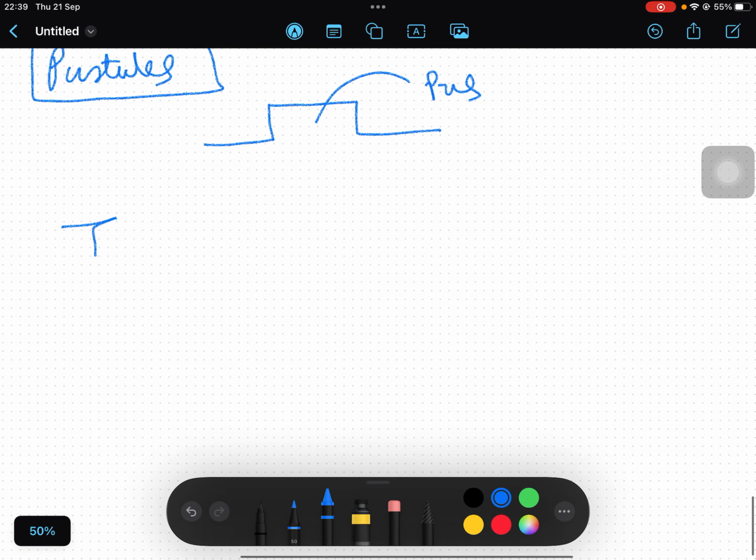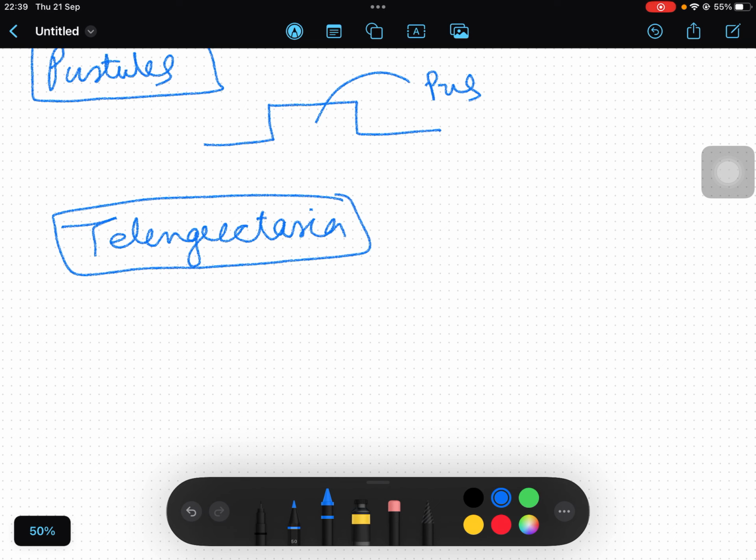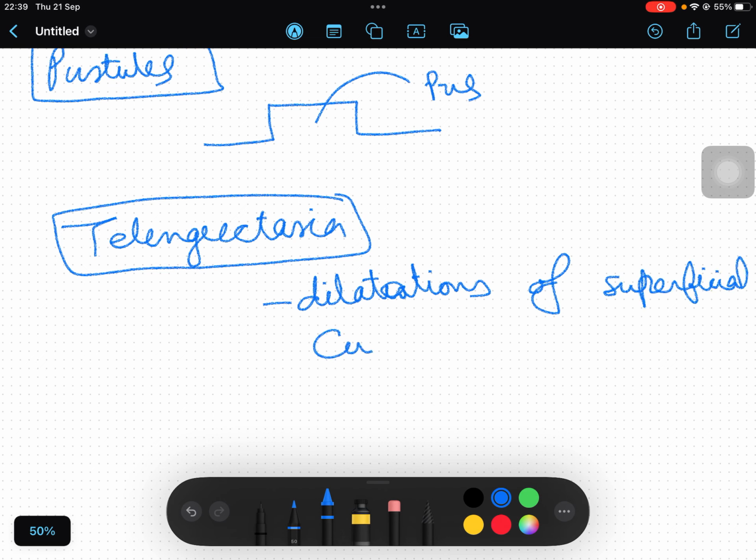Finally, coming to telangiectasias. Telangiectasias are dilatations of superficial cutaneous blood vessels.